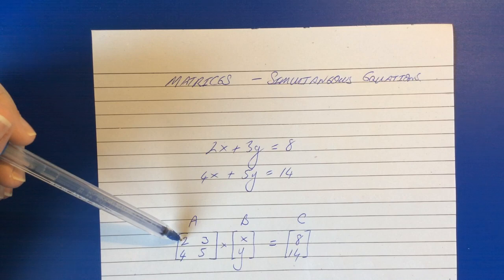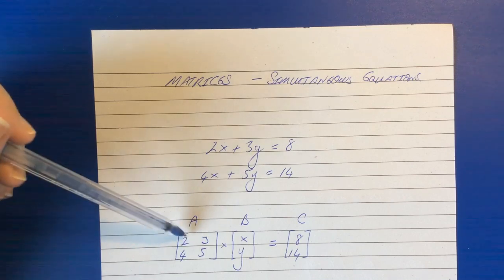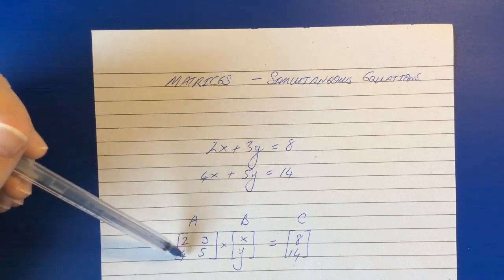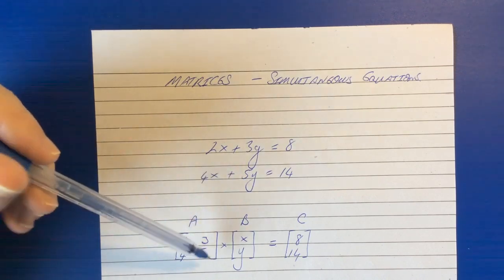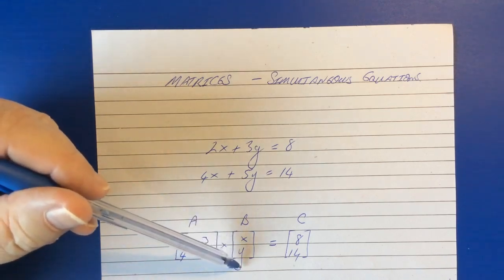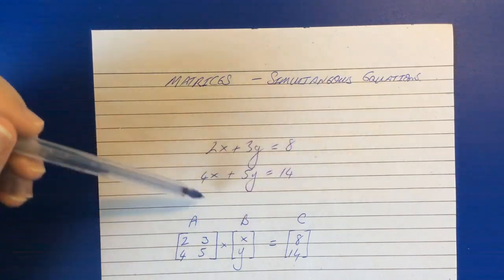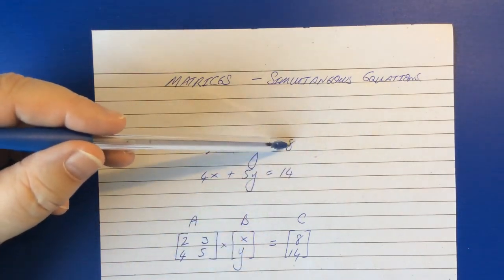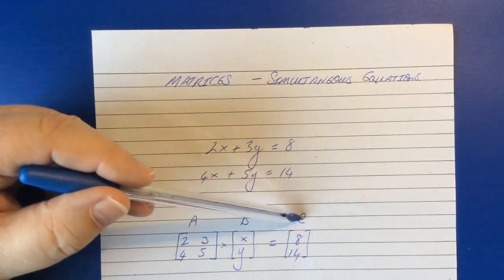So basically our first equation, the coefficients go across the first row. The coefficients of the second equation go across the second row. X and y are in a column matrix in this order. If you went to a 3 by 3 problem, it would be x, y, and z. And 8 and 14 sit out here as C.